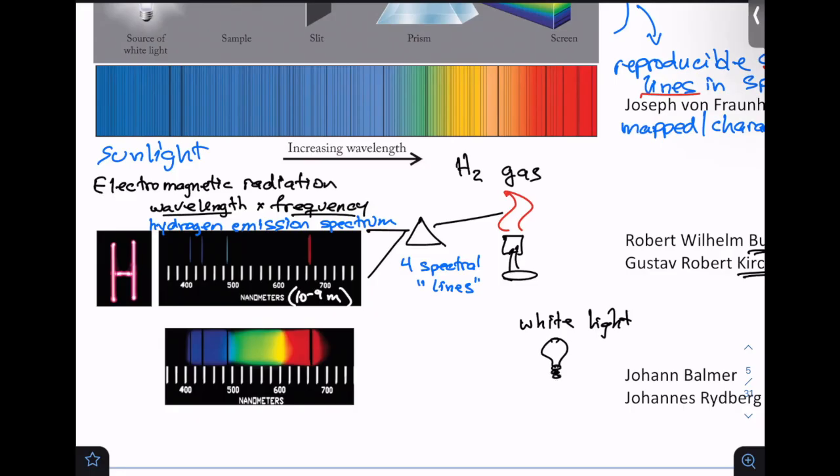I know light bulbs aren't white light, but you get the idea. And if we shine this first through a canister of hydrogen gas, and then refract that through a prism. So what we're doing now is we're first passing that light through hydrogen gas and then see what comes out.